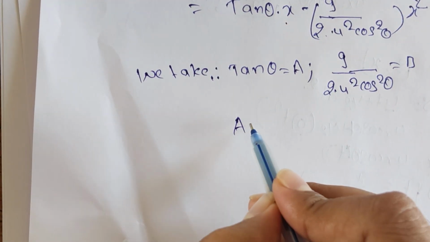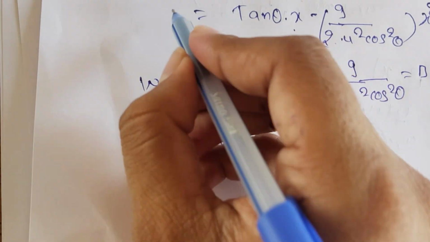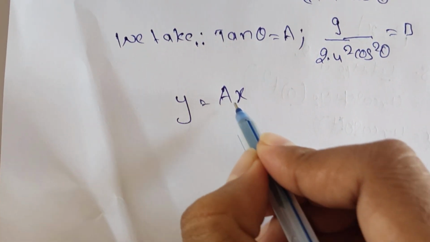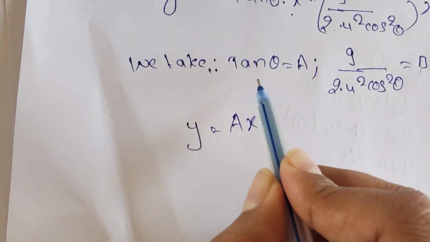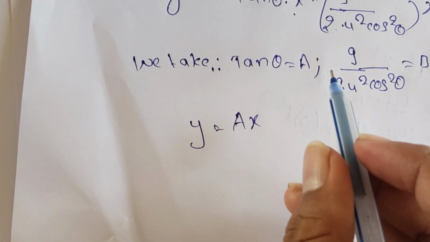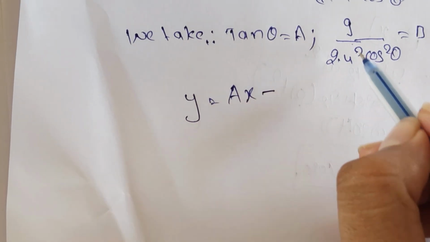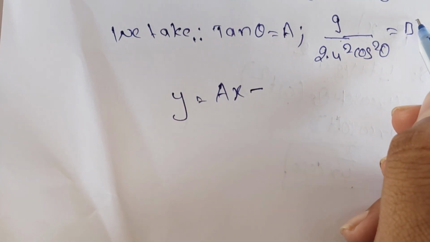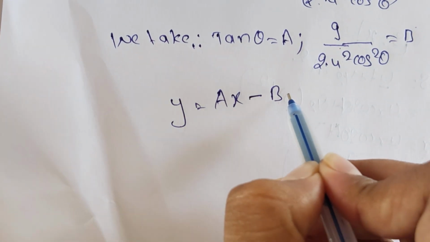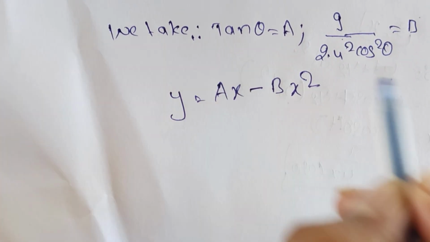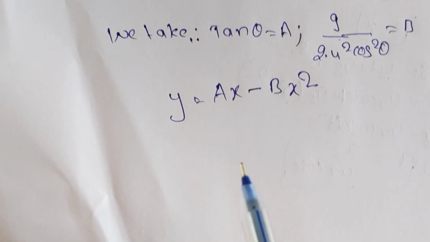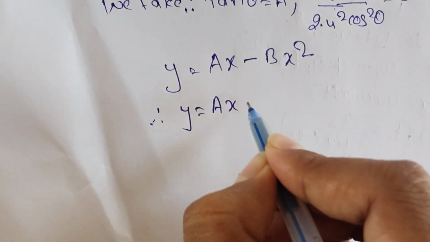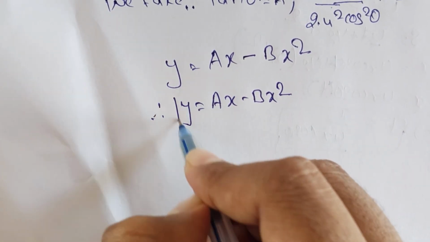That means what is the remaining term? y equal to, y stays as it is. So y equal to ax, because we replaced tan theta with a, minus g by 2 u square cos square theta, which we replace with b. The remaining term is x square. Therefore y equal to ax minus bx square.